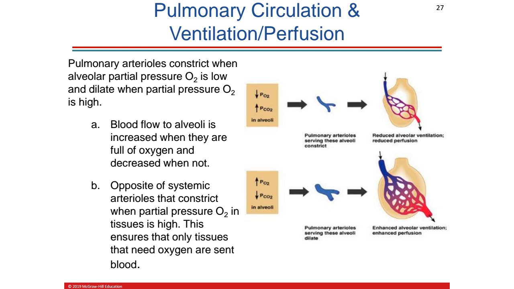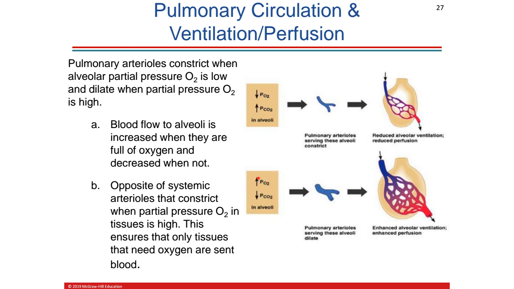Now let's look at the opposite situation. Let's imagine we have an alveolus with a high PO2 and a low PCO2. That means it's being well ventilated. For whatever reason, it's getting a lot of fresh air and it's got a lot of oxygen. So this means we really should send blood to that particular alveolus to pick up the oxygen. And so the pulmonary arterioles serving these alveoli will dilate.